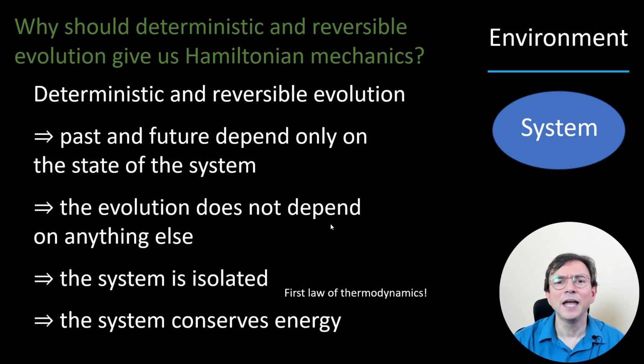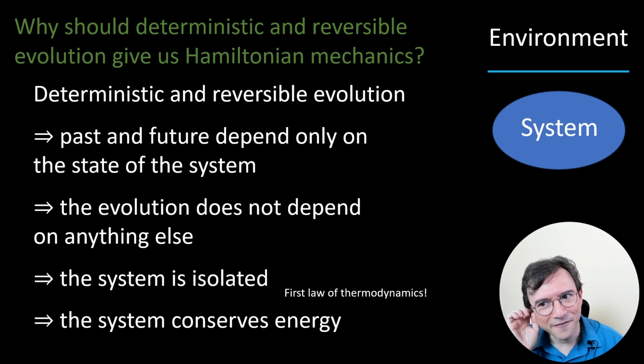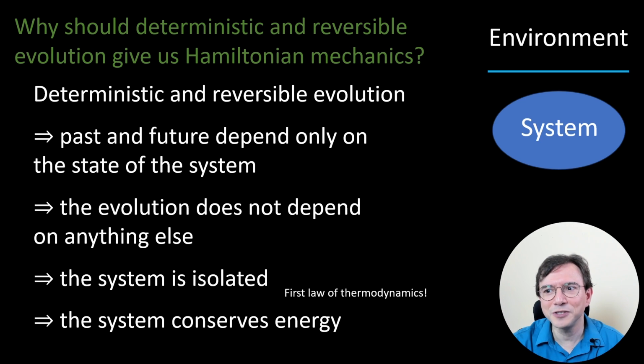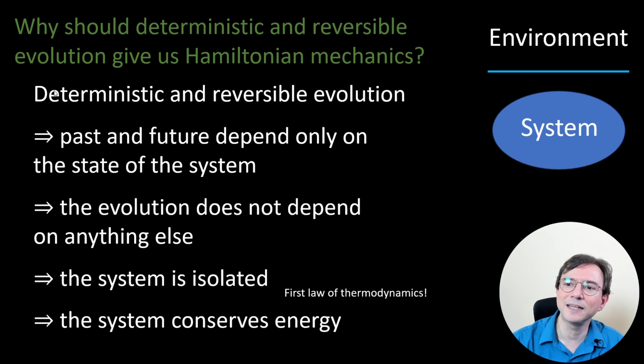And so now, this presents a puzzle, right? Why should deterministic and reversible evolution give us Hamiltonian mechanics? What is the connection between determinism and reversibility and conservation of energy? Well, you can think of it like this. We have a system and an environment, and the system is evolving deterministically and reversibly, which means that the past and future of the system depend only on the state of the system.